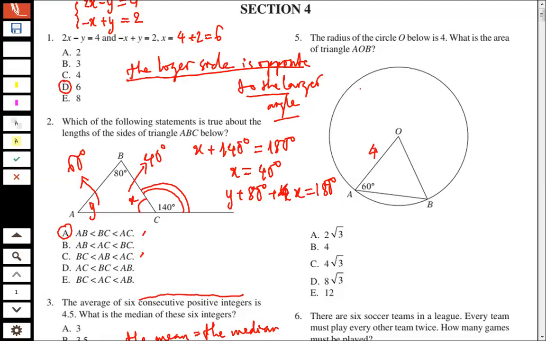We should know that the triangle OAB is an equilateral triangle. That means the segment OA equals the segment AB and equals the segment OB.